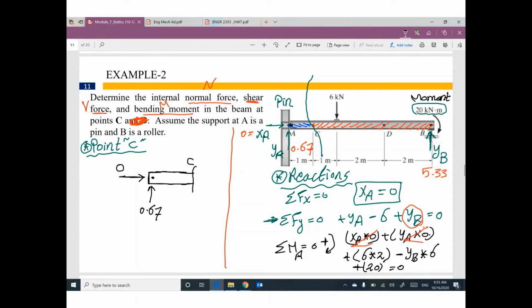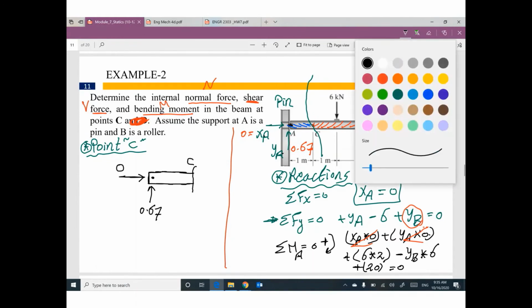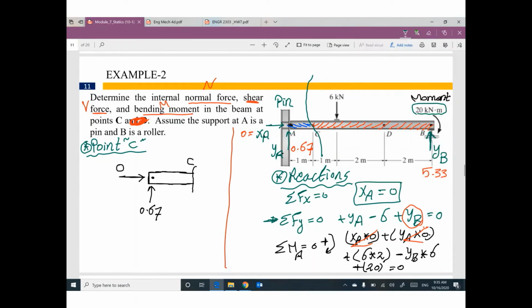At the cut, we have 3 internal forces: one called normal at C, the second called shear at C, the third called moment at C. We need to figure out the directions.